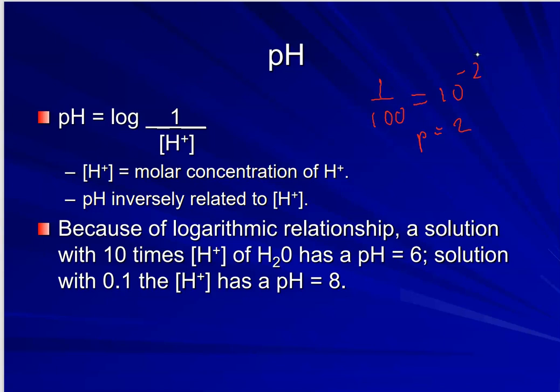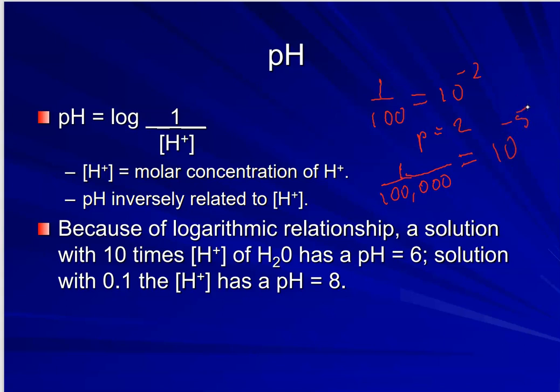So here, let me give you another example. What if only 1 in 100,000 is a hydrogen ion? Then obviously we don't have as high of a concentration. So now we have 1 in 100,000, and that expressed as an exponent would be 10 to the minus 5, correct?